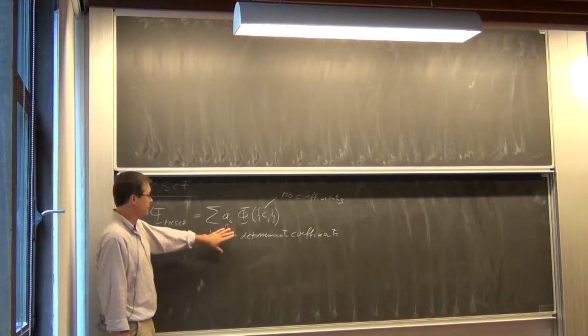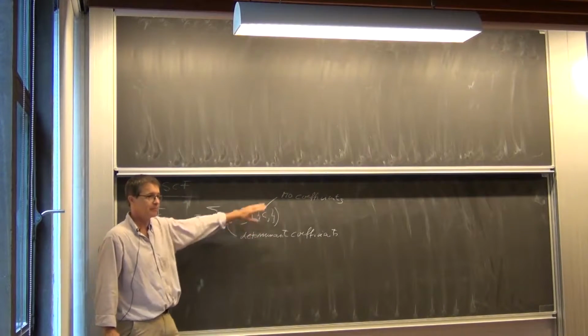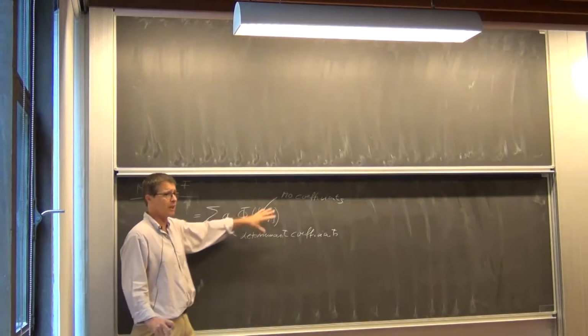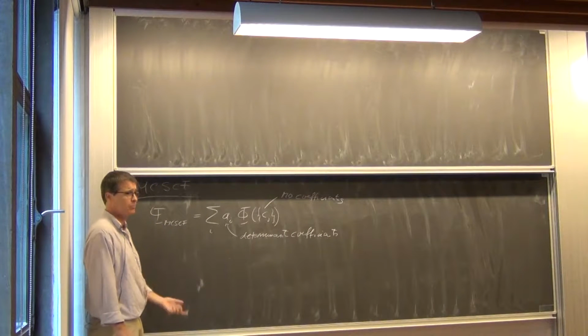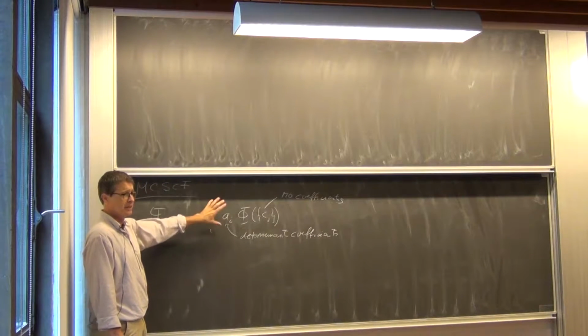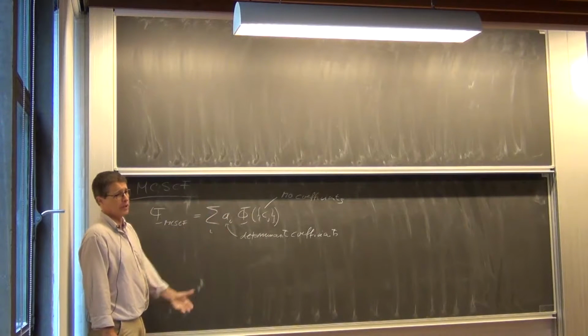And now we're going to vary both. We're going to optimize both. So we're using the variation principle, but now we actually vary all parameters in the wave function.